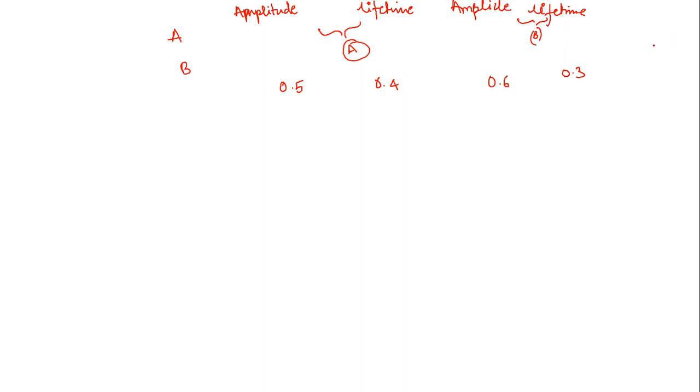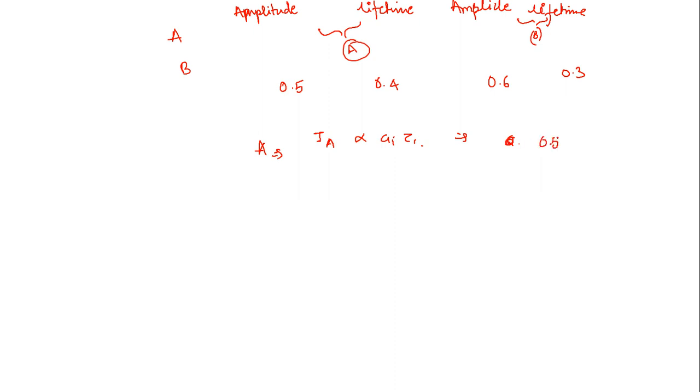If I want to calculate the total intensity or the relative intensity, for the A component, I_A will depend on A_i into tau_i. Keeping the other things constant, you will just find the product of amplitude and lifetime.